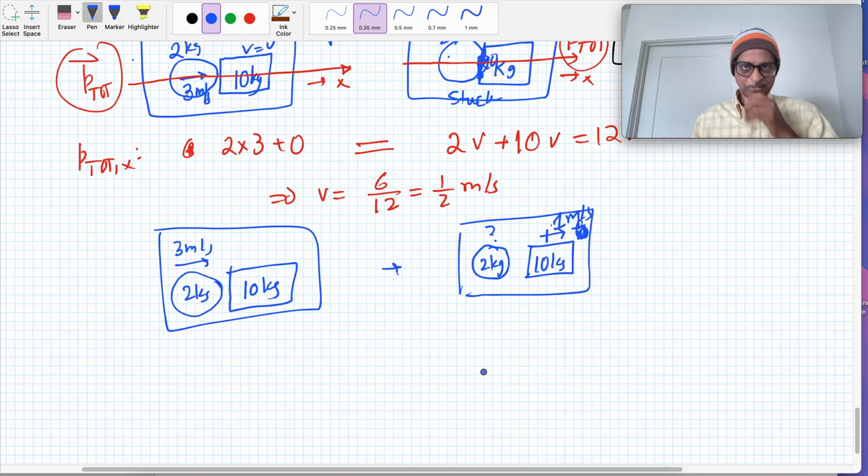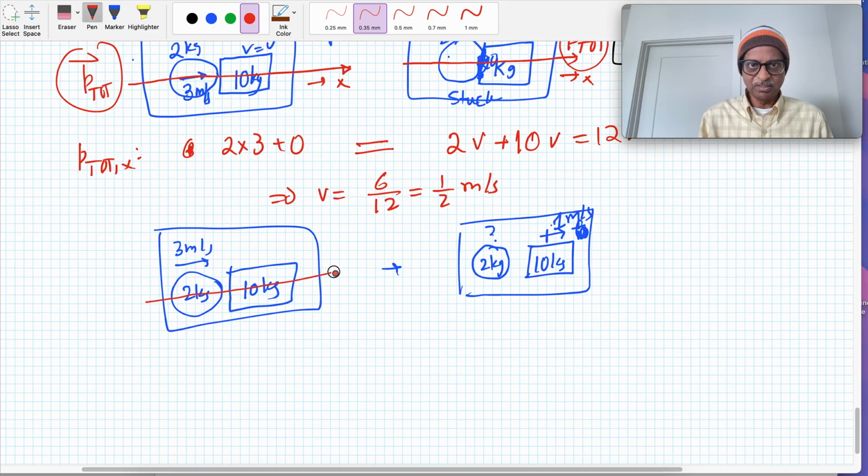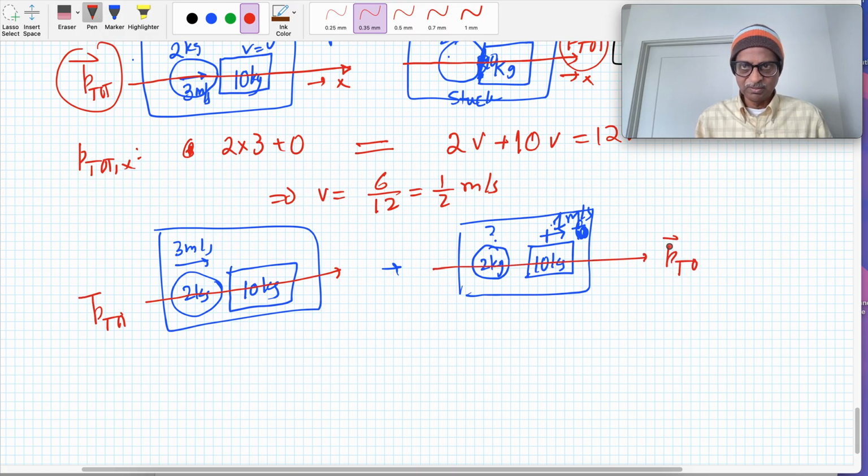So what will this guy do? Well, of course, this is the direction of P total. Regardless of what happens, that will be the P total. So we just look at the x-axis that way. Same thing, P total x.